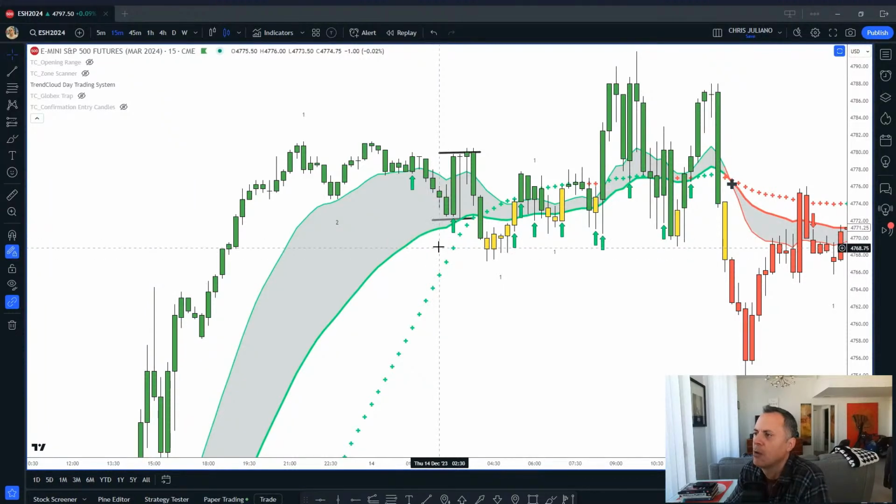All right. So when you're waiting for this, and again, this is 3 o'clock in the morning, we're not going to be looking at this. But let's say everything lines up on the chart, you're waiting for this entry, and the next candle breaks below your entry candle.